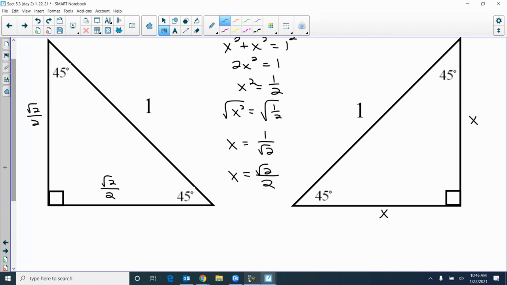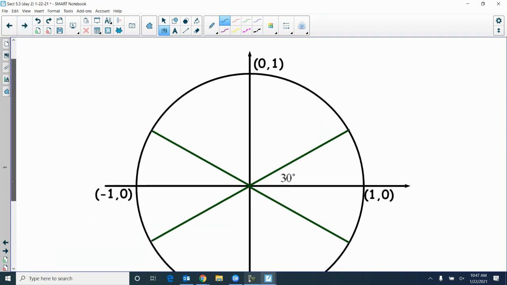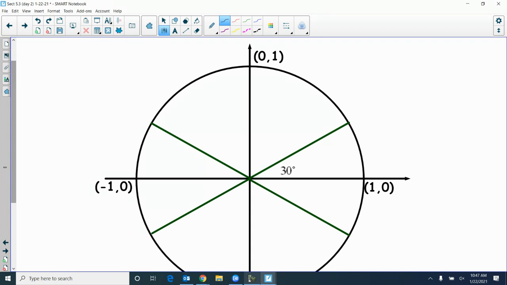All right, now let's go down to that bottom left figure. This is going to help us to create some of these values. Now you only have that line in the first quadrant to begin with. If that's a 30-degree angle, what we need to know are the coordinates of that point on the circle.